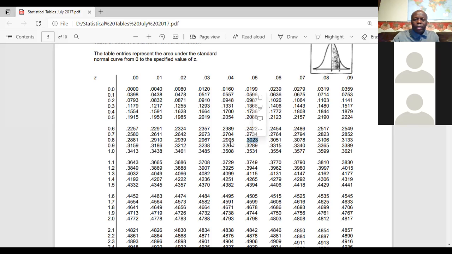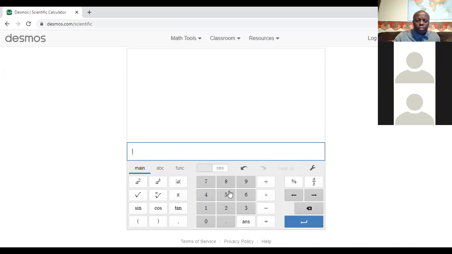I'm going to look at them as whole numbers. So 3000 minus 2995 is 5 points away. Now let's check the other number.